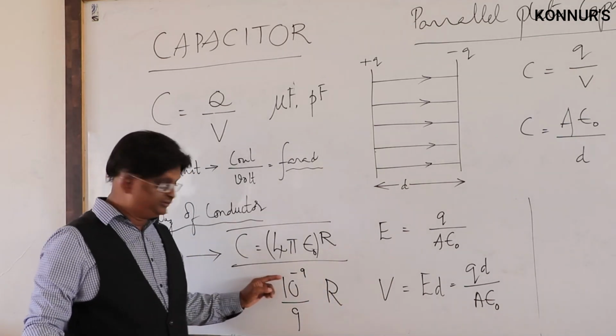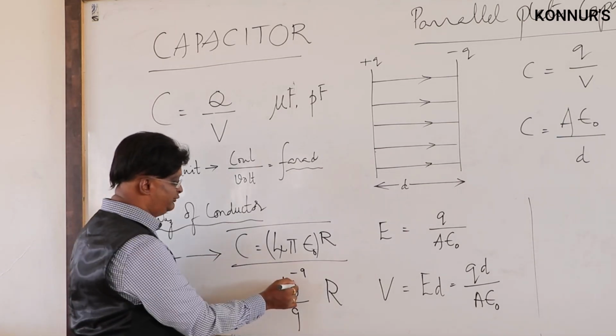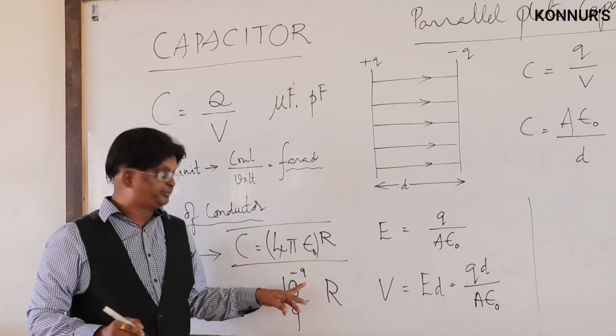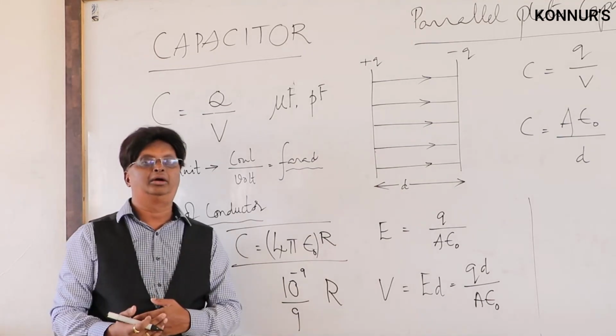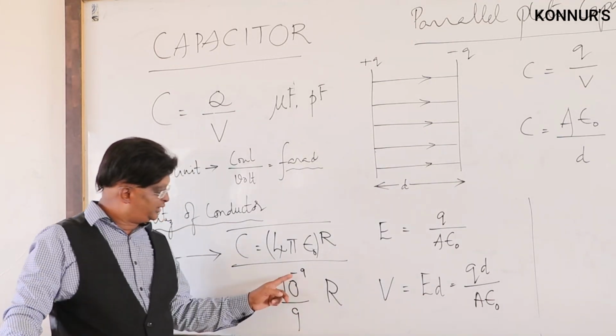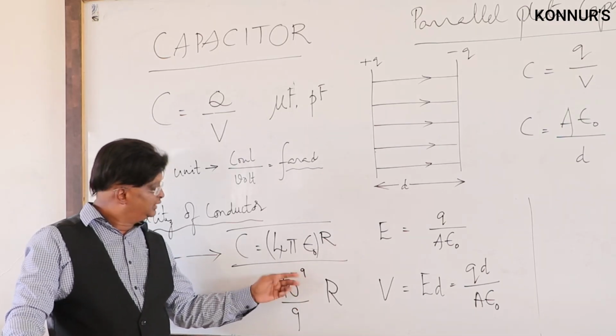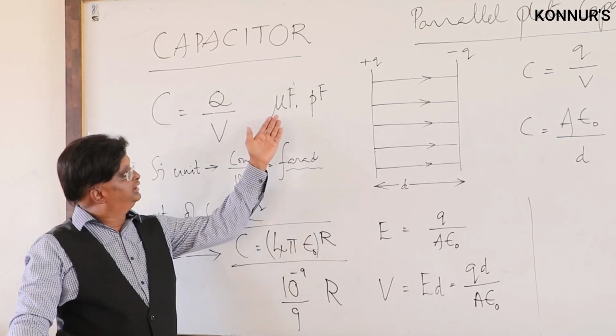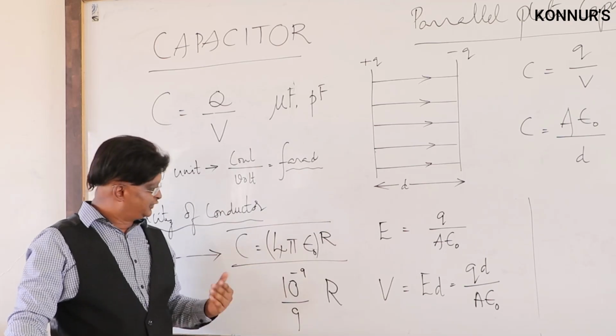Now see the submultiple in this expression, 10 raised to minus 9. This explains why we cannot have capacity of the order of farads, because this number 10 raised to minus 9 always gives capacity in the order of microfarads and nanofarads.